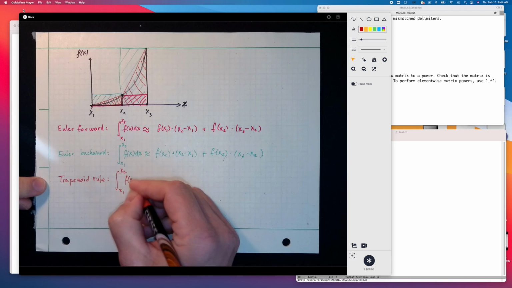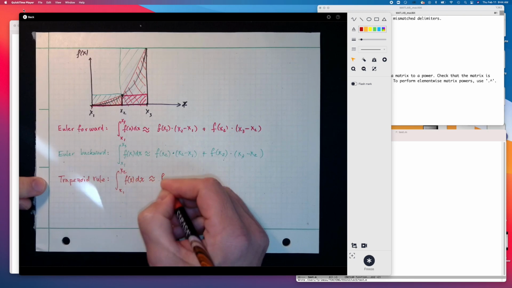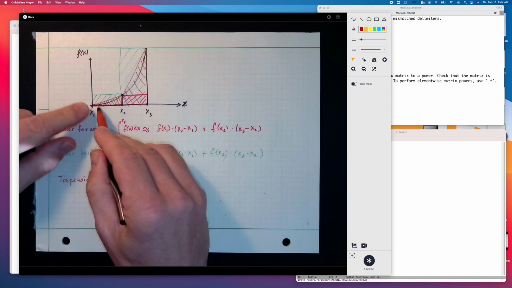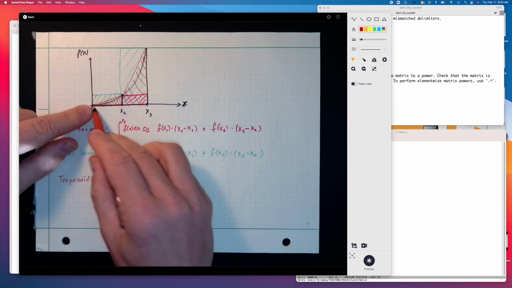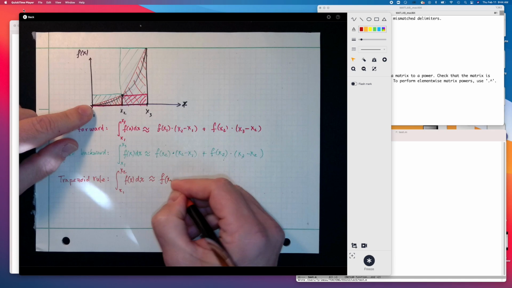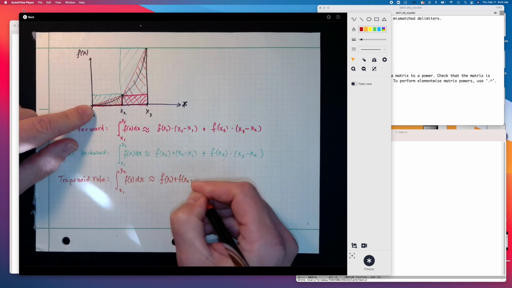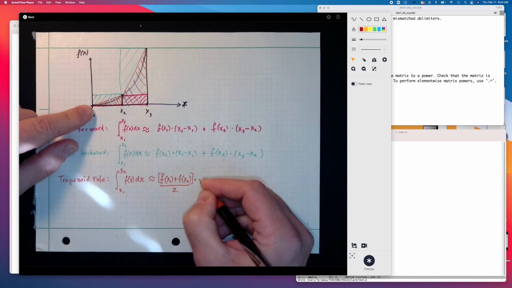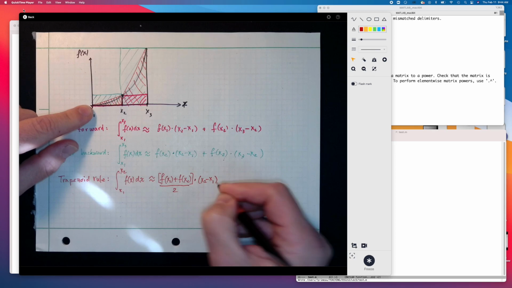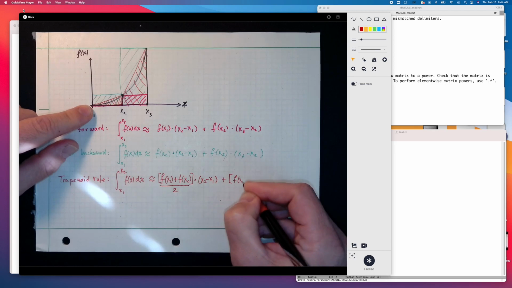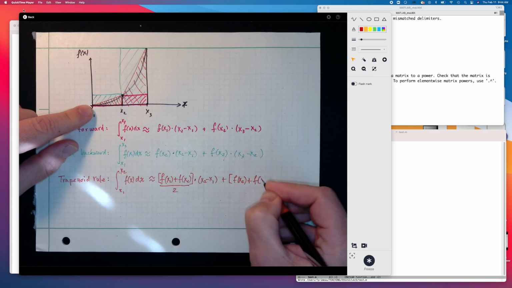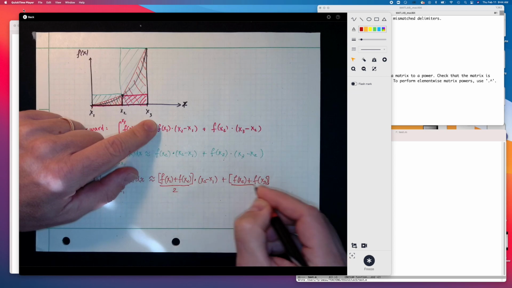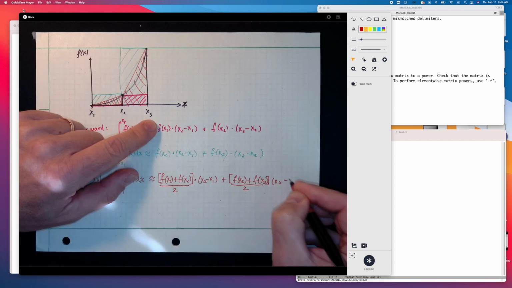F of x dx is going to be approximated as follows. For the area of the trapezoid, the formula is you take the average of the heights and multiply by the base. So this will be f of x1 plus f of x2 divided by 2, that's the height, times the width, x2 minus x1, plus f of x2 plus f of x3 divided by 2 times x3 minus x2.